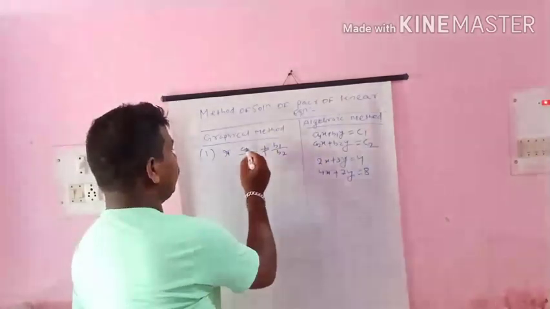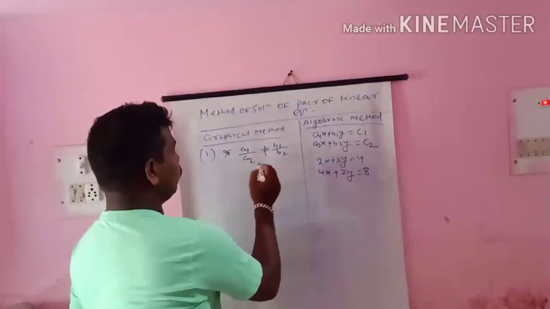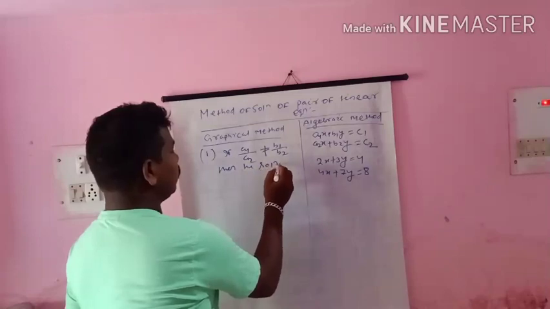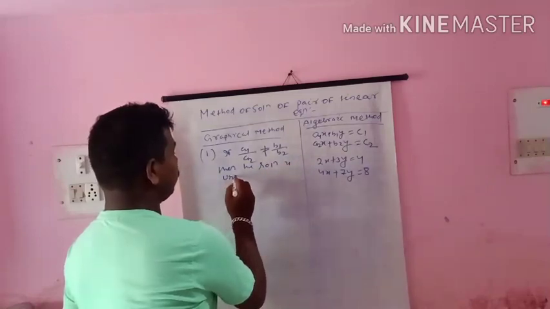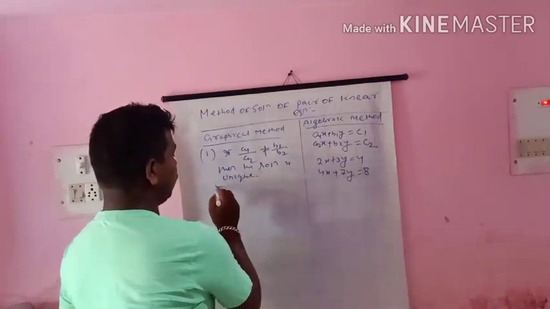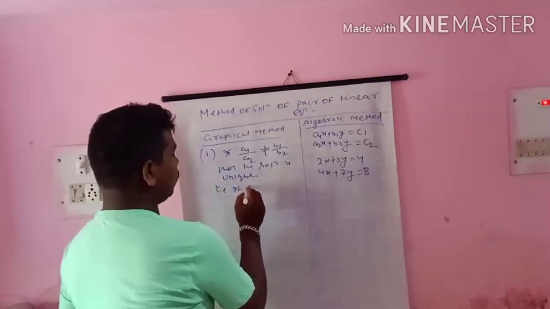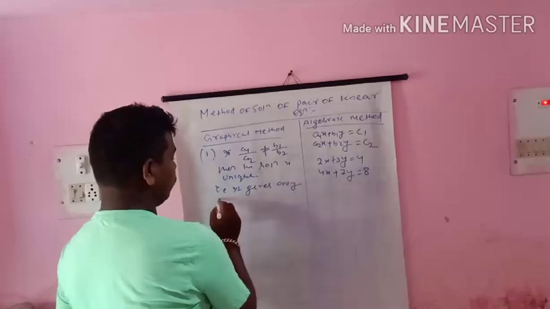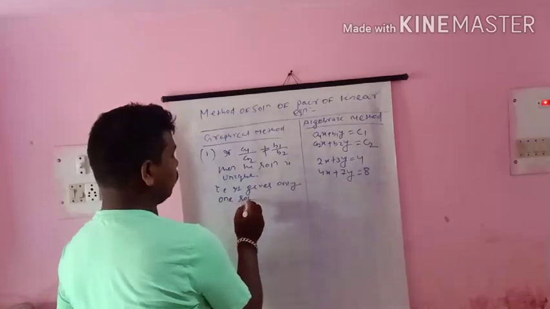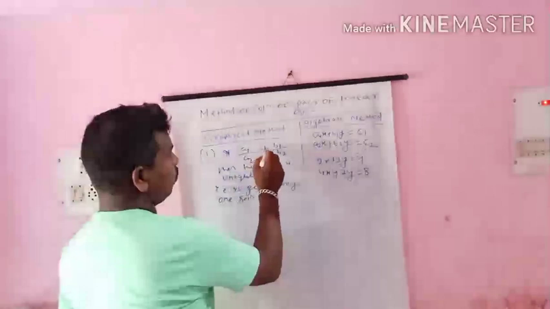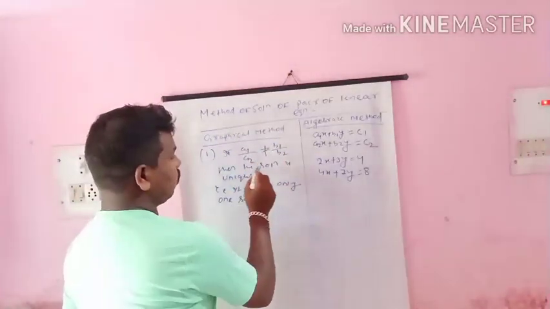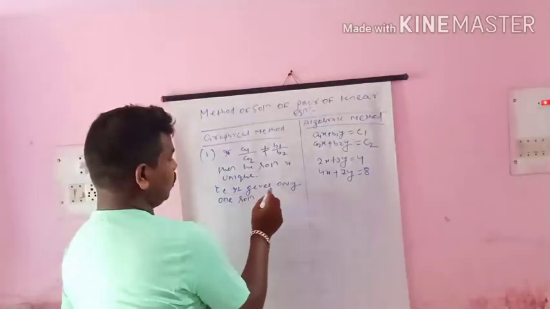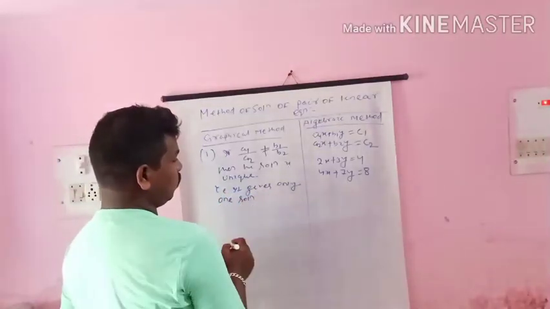If a1 by a2 is not equal to b1 by b2, then the solution is unique, that is, it gives only one solution.